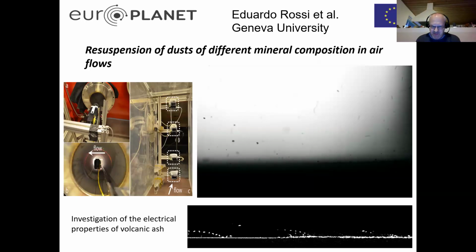I can't remember what movie you're looking at, but it's clearly a volcanic material with a broad size distribution, so not really very good for studying saltation or anything, but normally what you do with these movies is you can perform particle tracking or you can do PIV, which is a related technique.